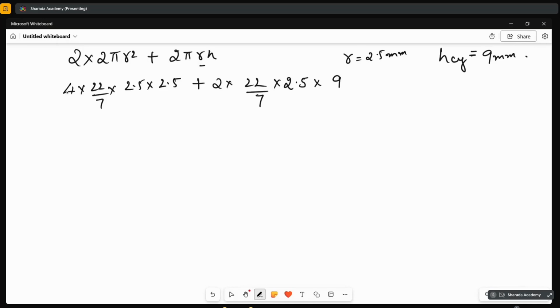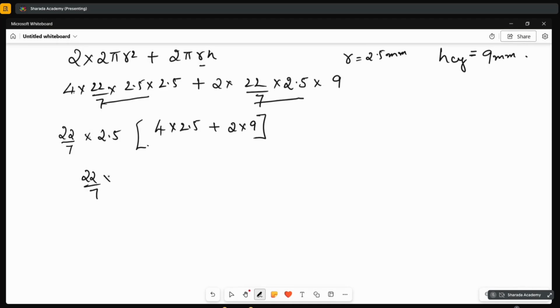Okay. So take 22 by 7 into 2.5 as common. What else is remaining? 4 into 2.5 plus 2 into 9. 4 into 2.5, it is 10, plus 2 into 9, 18.